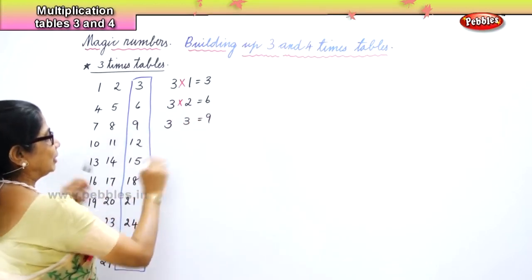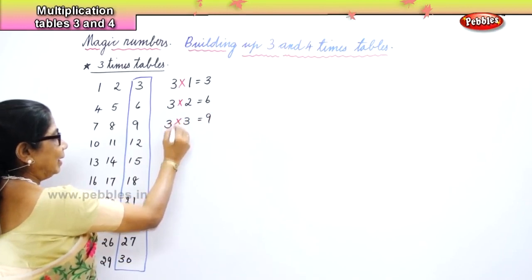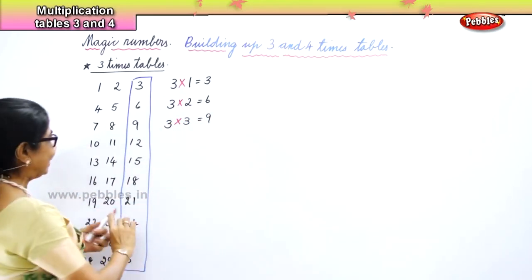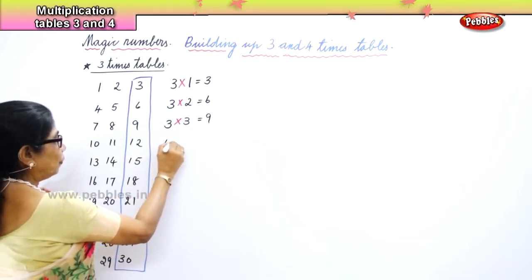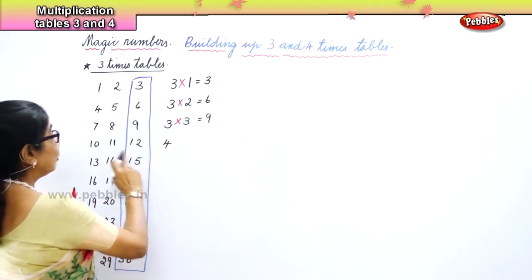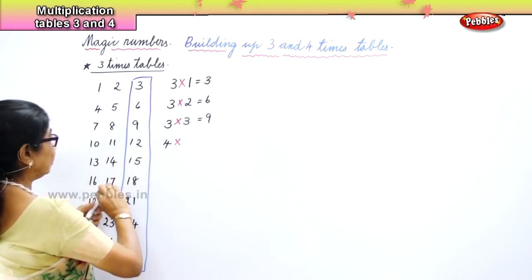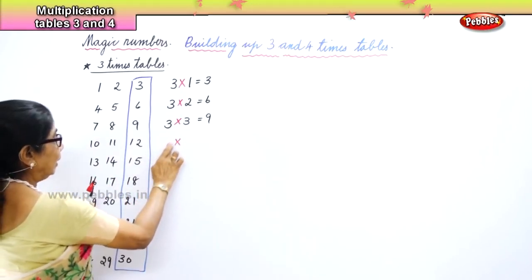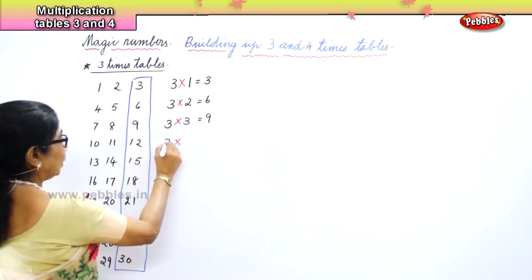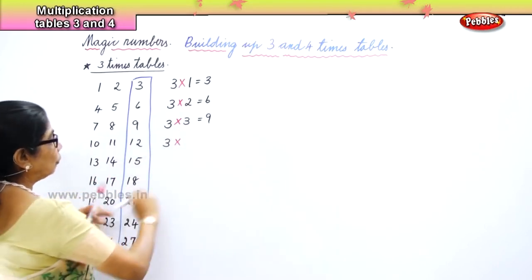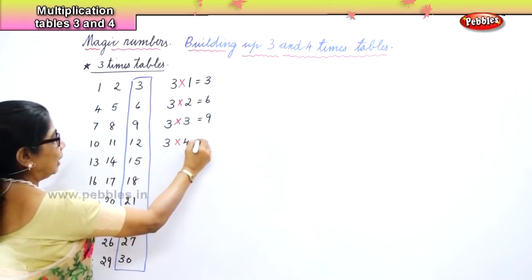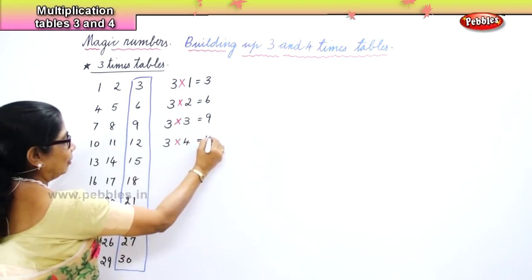And where's the multiplication sign? 3 into 3. Next. 4. 4 into 3. 4 times 3, 4 times makes 12.